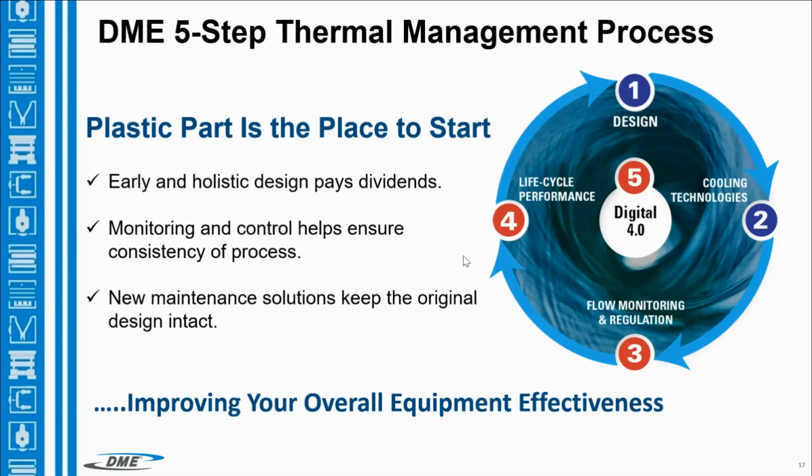And that's the 4.0, closing the loop. That way we can show that by putting these new technologies, putting these process control devices on, that we are actually achieving our desired output. We're hitting our production efficiencies. And we can prove it with our data.